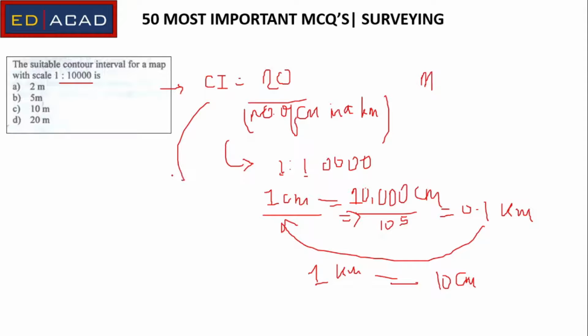So let's apply this in this formula. So contour interval will be equal to 20 upon number of centimeters in a kilometer, we got it as 10, meters. Do the simple simplification here. So 2 meters we will get as our contour interval. So option A is correct. I think this should be clear.